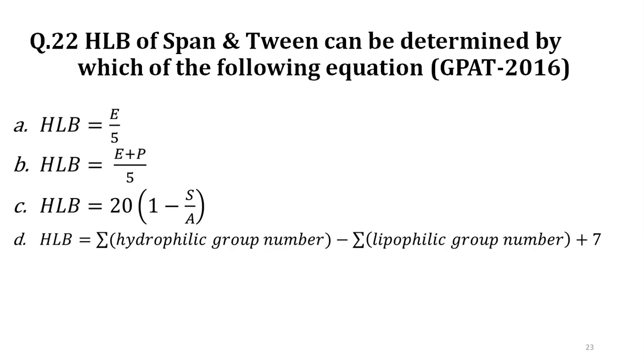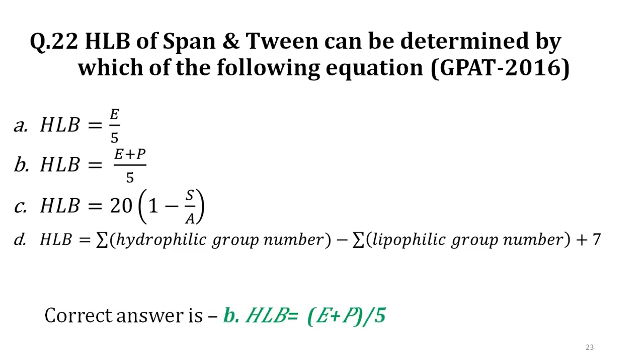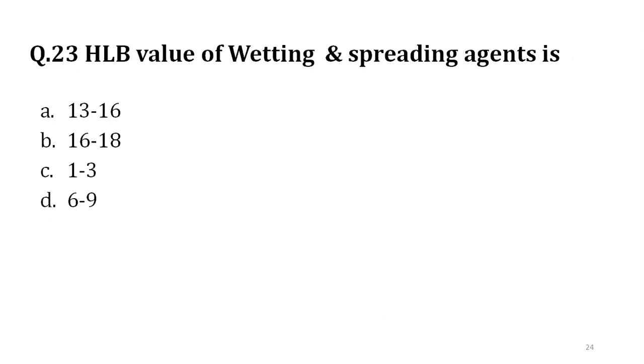First of all, you have to remember the chemical nature of Tween and Span. Majorly, it consists of polyoxyethylene and polyethylene. So majorly it is determined by the equation in option B, which is more correct compared to this. So the option is B, HLB is equal to E plus P divided by 5.